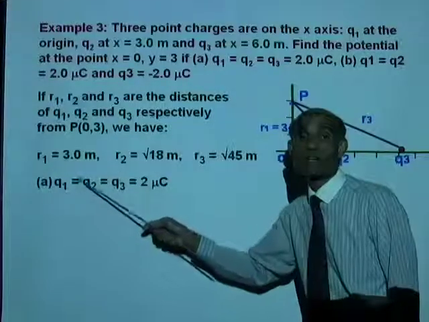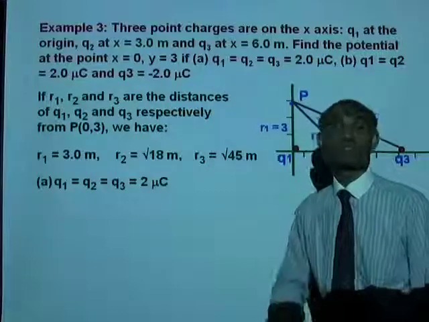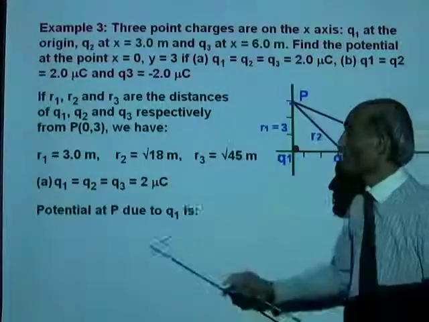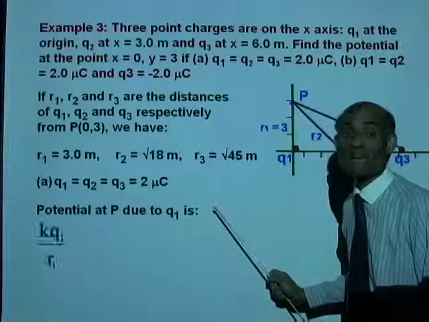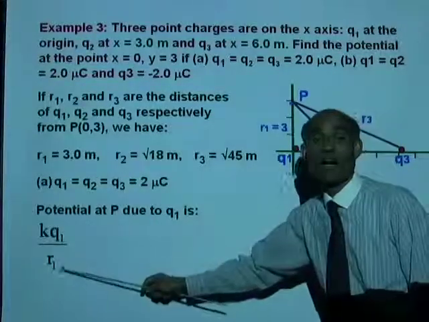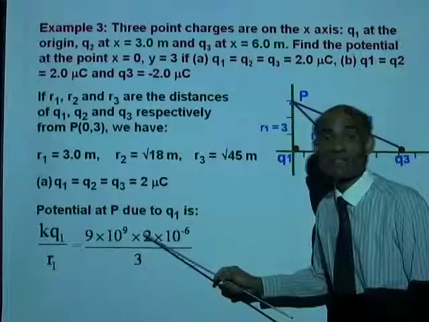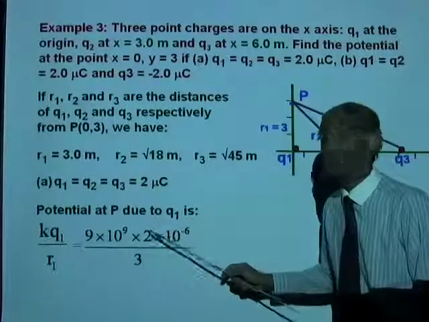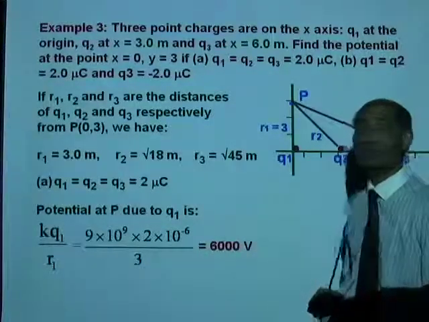Well, in the first case, we have each of the charges is positive 2 microcoulomb. Potential at P due to Q1 is KQ1 over R1, and that will be 9 times 10 to the 9 times 2 times 10 to the negative 6 divided by 3. That is 6,000 volts.